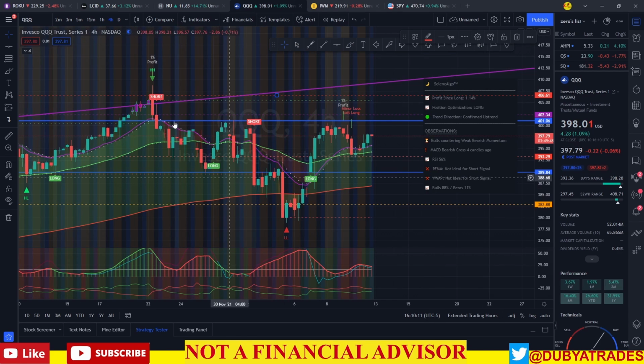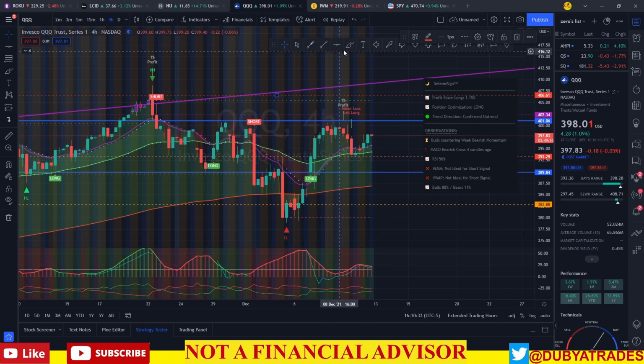Q is pretty much the same thing. We have a weird head and shoulders, if you want to call it. I don't consider this head and shoulders. There's too many spikes here. But some do, head and shoulders forming. But the key point here is still the same. The blue line here, it cannot break below it. The blue line up here, it cannot break above it.